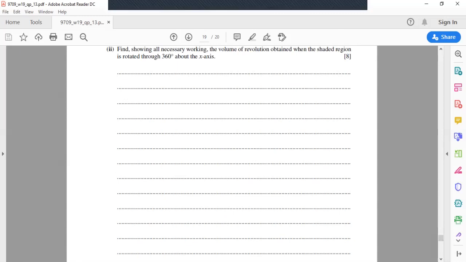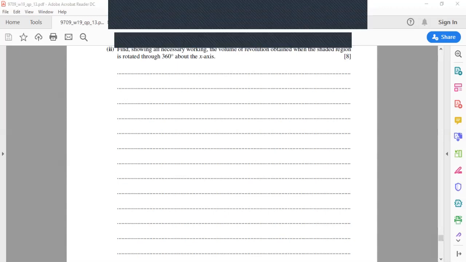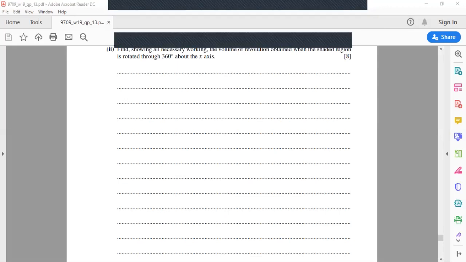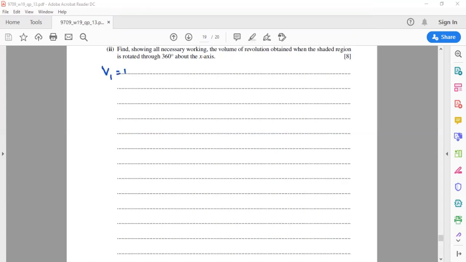We are going to do it twice. First time the line will be integrated, the limits are 1 to 2. So V1 is equal to pi, integral from 1 to 2, of y squared dx. So (half x plus 2) whole squared dx.